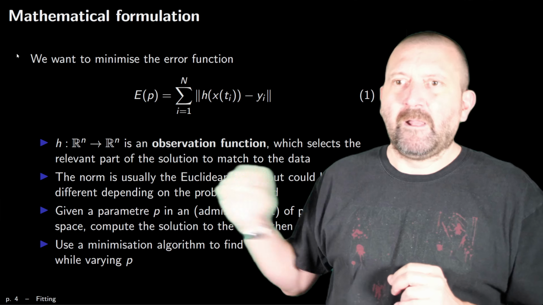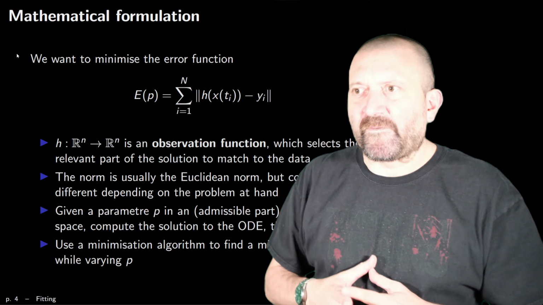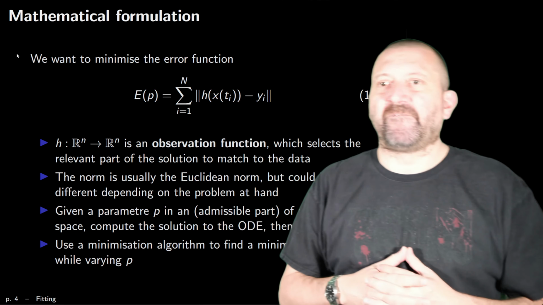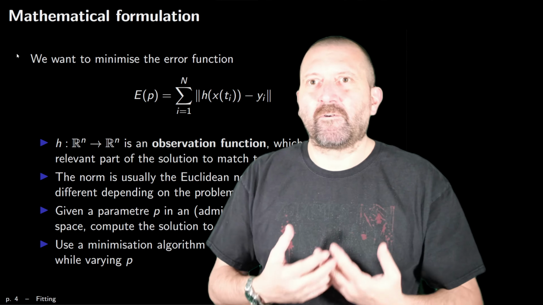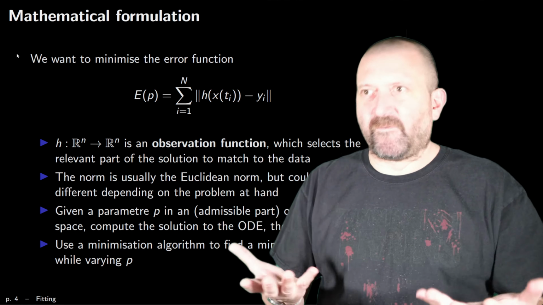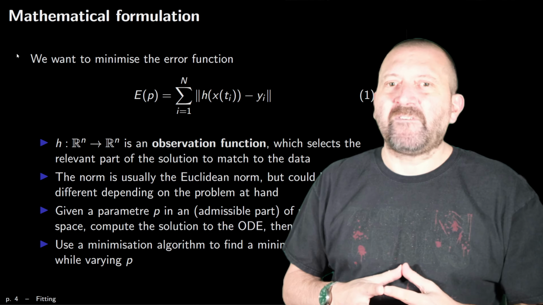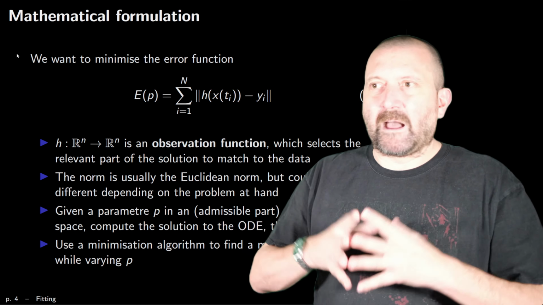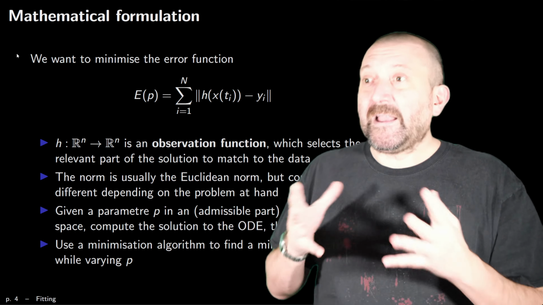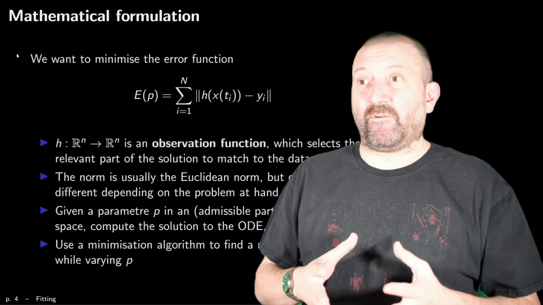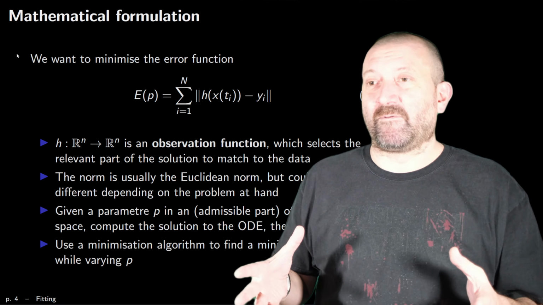First of all, this function h here is what is often called an observation function. When you're writing your model for whatever system or problem you're looking at, you will have a bunch of state variables. You might not have data values for all state variables.